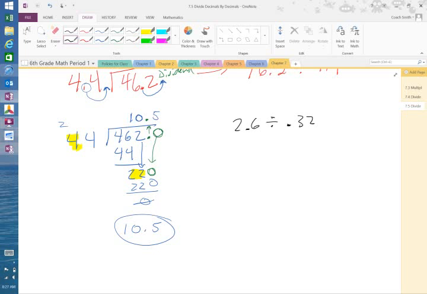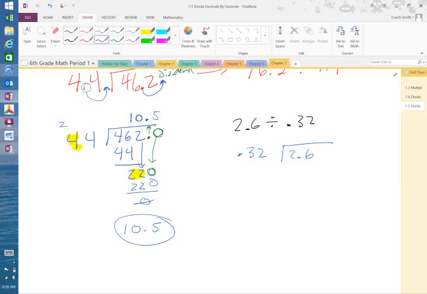All right, so that means when we write it with the bracket, we have 0.32 on the outside and 2.6 on the inside. Wow, I'm having trouble today.